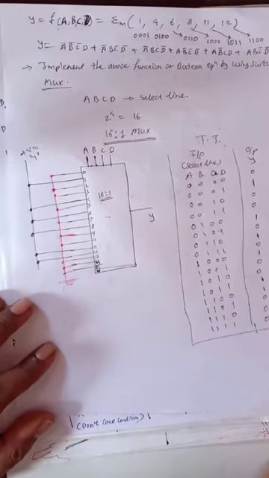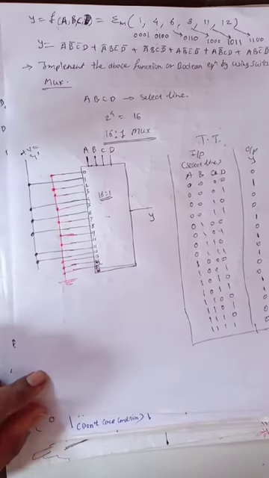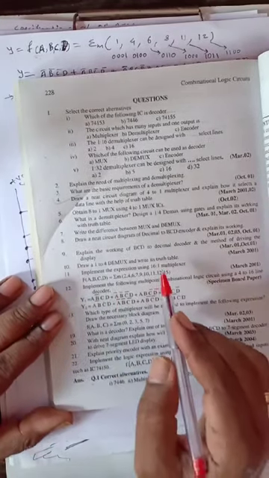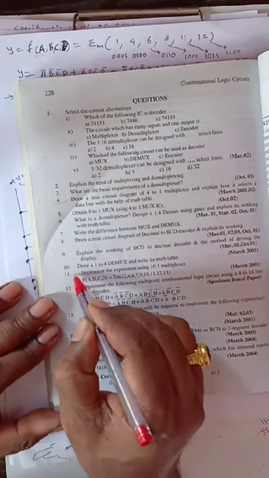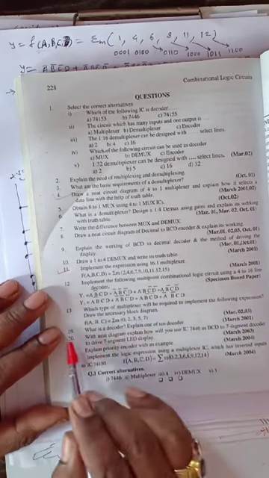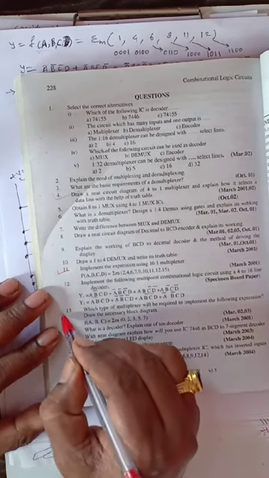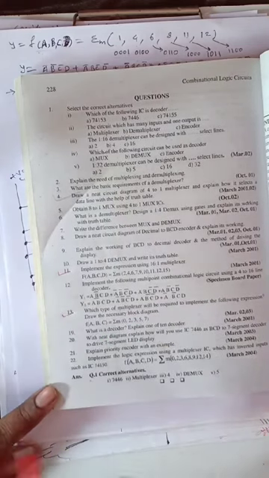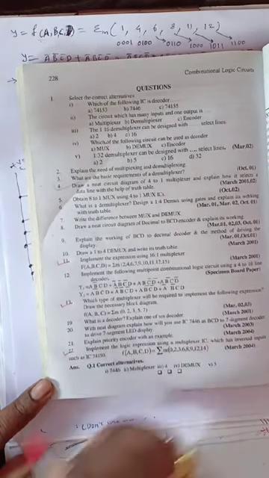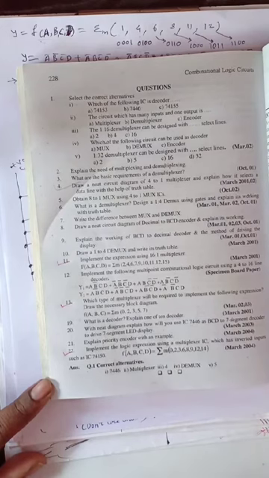By yourself you can solve these questions now. This one is the same as we solved, and then this one is 13, and then again this one is the same, 22.